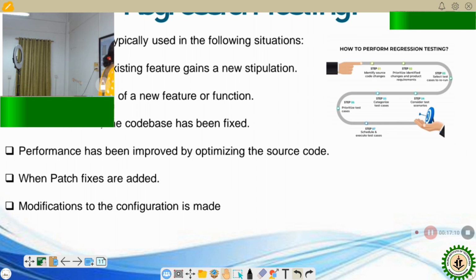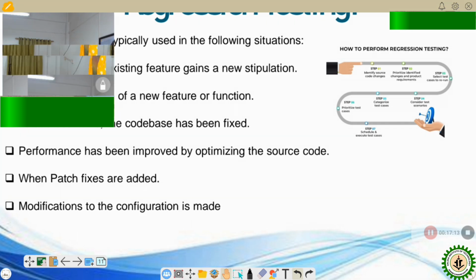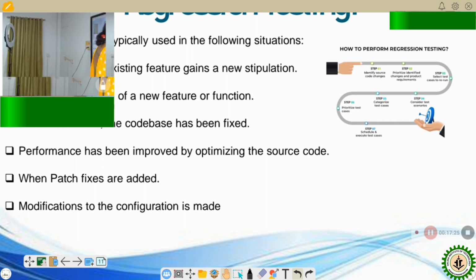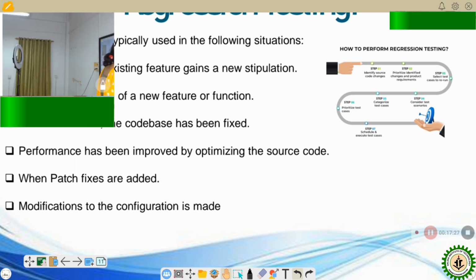Step two, prioritize and identify changes in product requirements. Third, select test cases to run. Fourth, consider test scenarios. Fifth, categorize test cases. Sixth, prioritize test cases. And the last one is schedule and execute test cases.